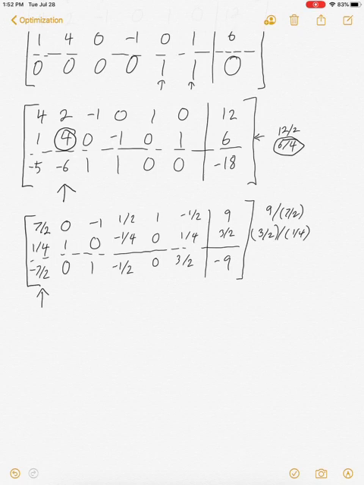Which one's bigger? So we're going to pivot around the top right-hand entry of our matrix.